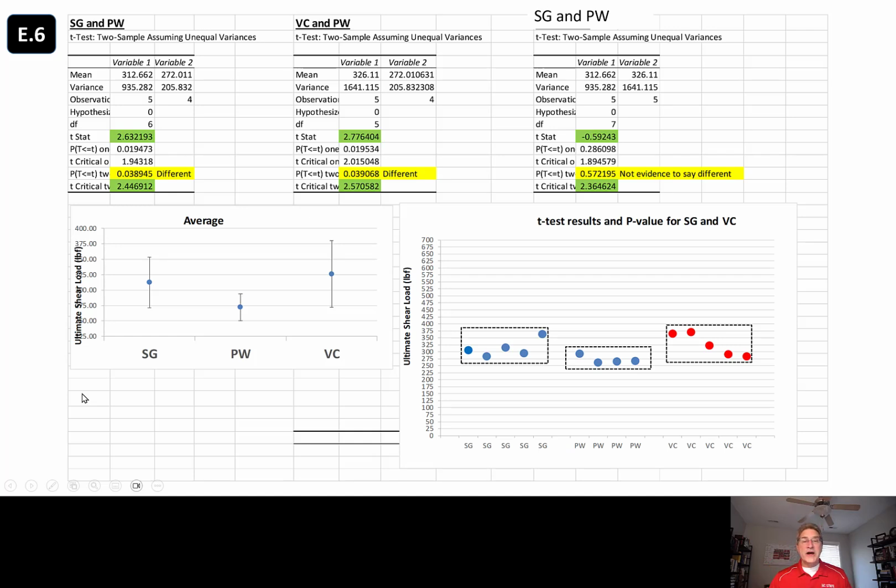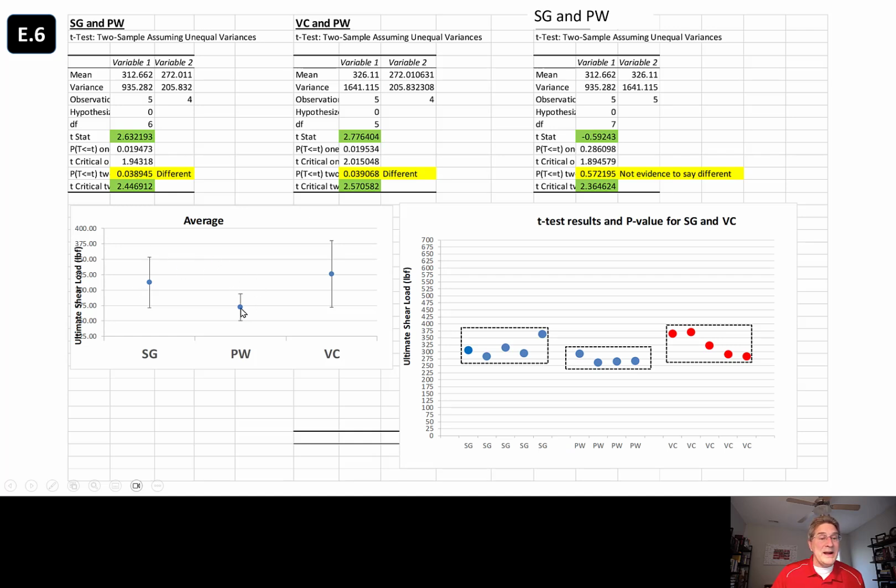Now, you remember the glue problem. I did the t-test on the glue problem. So look, SG and PW. There's a lot of overlap, but we come down here, our critical is 2.4, our t-stat is 2.6. There's only a 3.8% chance they're the same.